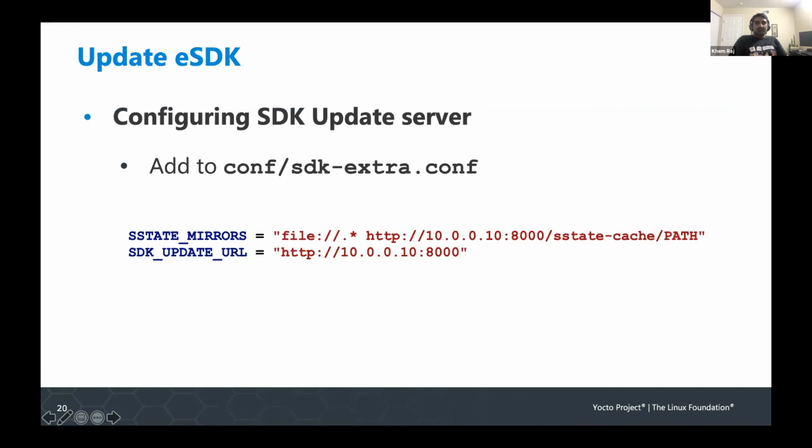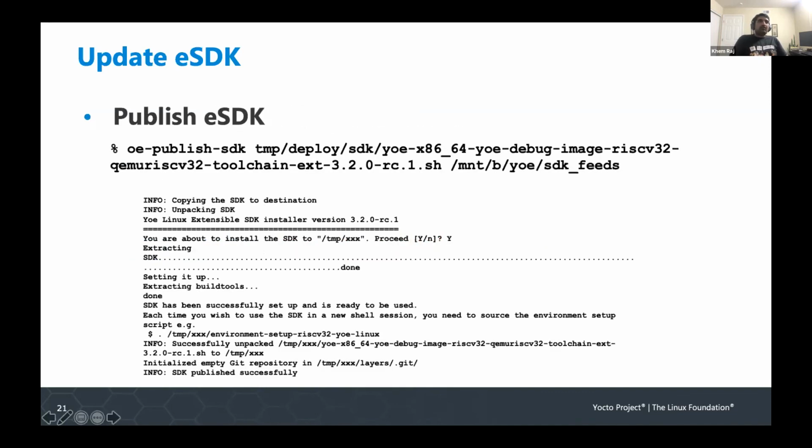Next I'll show how you would publish your SDK. There's a command, oe-publish-sdk, and you give it the location of your SDK, and then the location where you want to publish it. It will publish the SDK in that location.